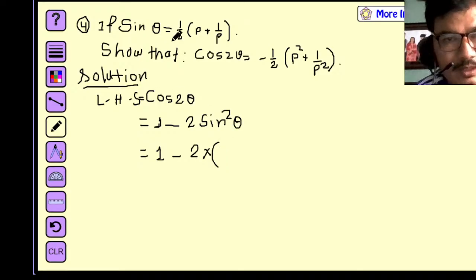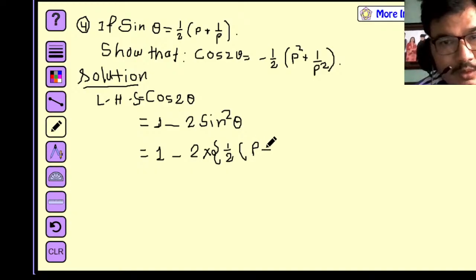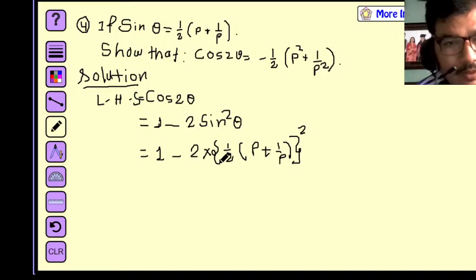Sine theta means, as given, 1 by 2, and since there's already a bracket given, I'm using a curly bracket here. Then its value 1 by 2, then the whole bracket p plus 1 by p, close the bracket, and put the whole square.